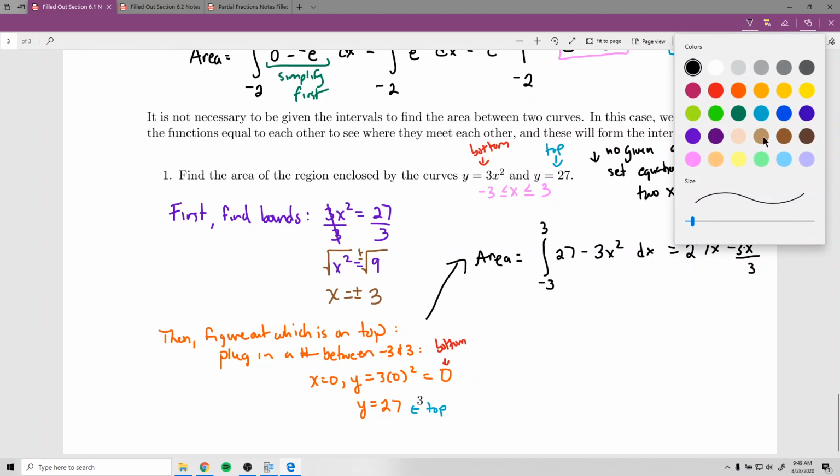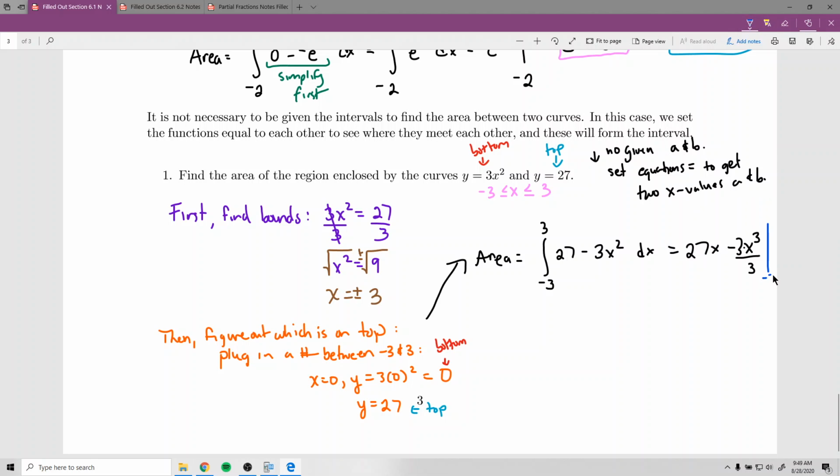And then we have our evaluation bar from -3 to 3. Okay. Now, the only thing to simplify, right, we didn't have to simplify at the beginning, which I should have mentioned inside the integral. The only thing I would simplify here is cancel those 3's out. So we got 27x minus x cubed from -3 to 3.